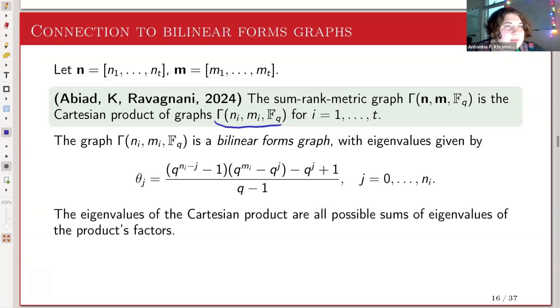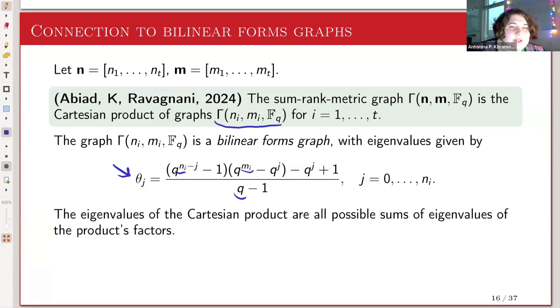And the good thing about this structural result is that for bilinear forms graphs, we know what eigenvalues look like.